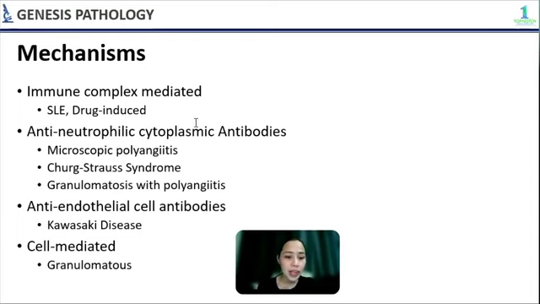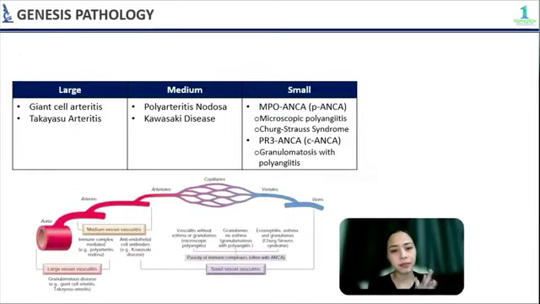Anti-neutrophilic cytoplasmic antibodies, these are ANCAs, are autoantibodies that react against the constituents of the primary granules of neutrophils, but are also found in granules of monocytes, lysosomes, and so on. So these are the disease-associated anti-endothelial cell antibodies in Kawasaki disease, and cell-mediated granulomatous lesions like in giant cell arteritis.